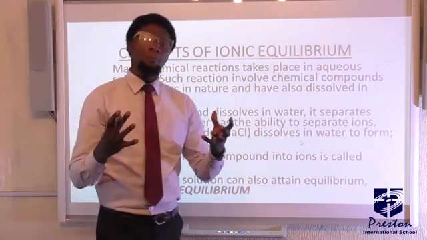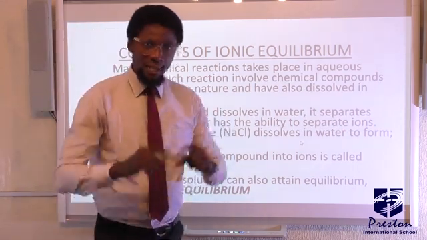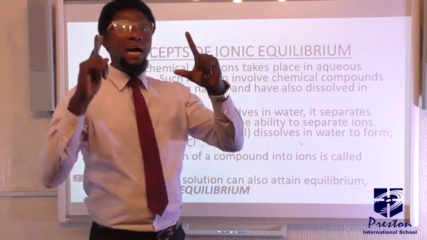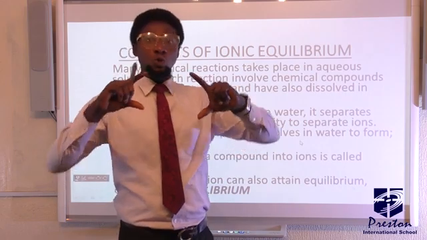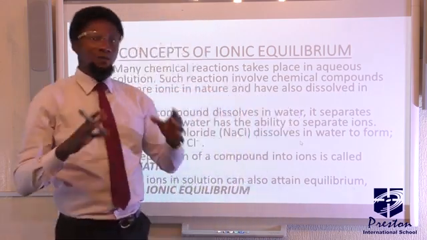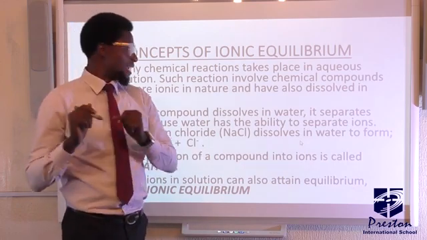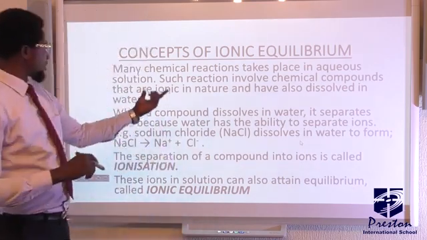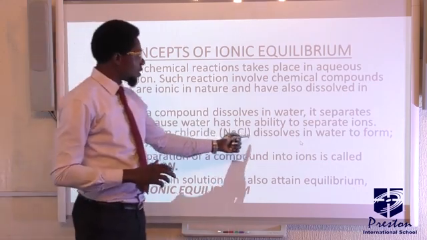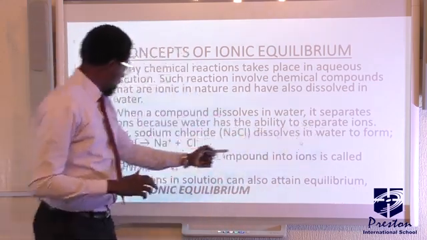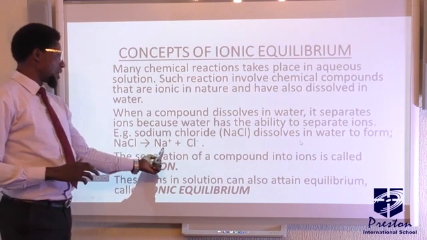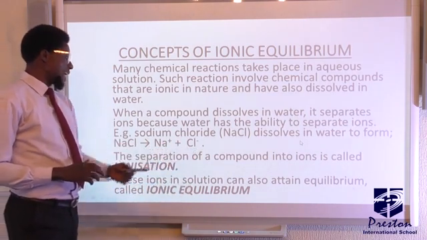Anytime an ionic compound dissolves in water, there's going to be a separation of ions. And this is because water has the ability to separate compounds into different ions, that is positive and negative. Let us look at sodium chloride as a typical example of this. Whenever sodium chloride dissolves in water, it forms, this is sodium chloride, to give sodium ion plus chloride ion.